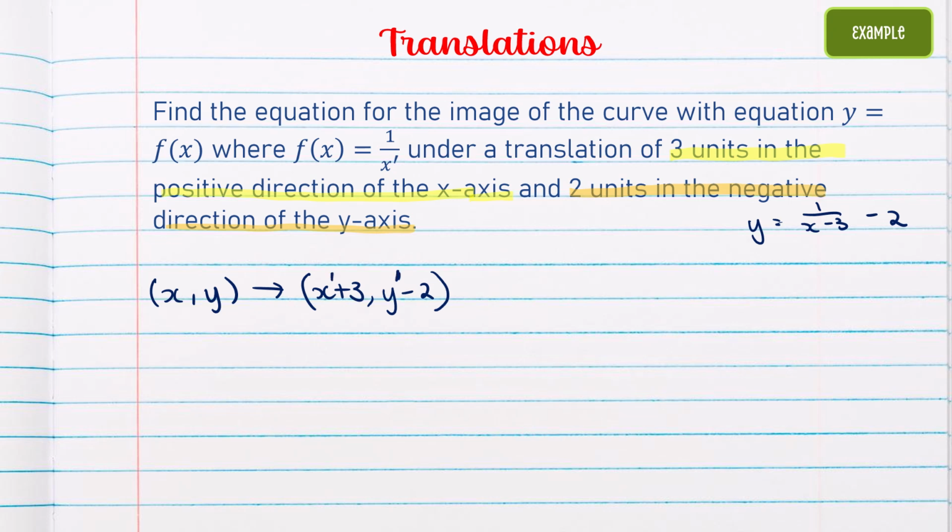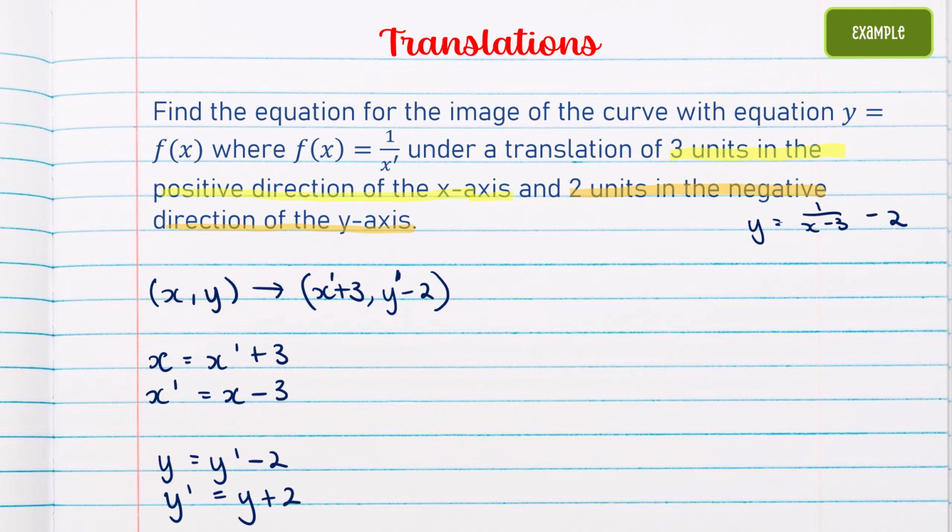Now what we're going to do is solve these for x prime and y prime. So I've got x is equal to x prime plus 3, and that means x prime is equal to x minus 3. We're going to do the same for our y. We've got y is equal to y prime minus 2, which means that y prime is equal to y plus 2.